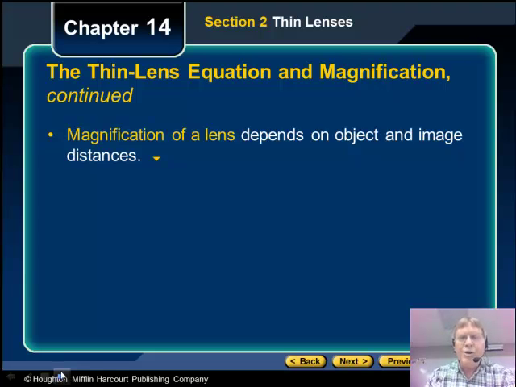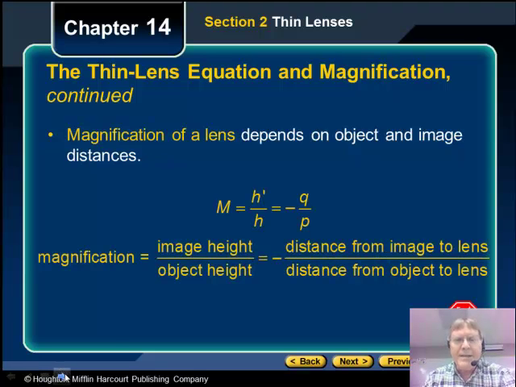The magnification of a lens depends on the object and the image distances, and that's given in this equation. And again, I prefer to use HI here for image height and HO for object height. The magnification is the image height over the object height, which is equal to minus the image distance over the object distance.